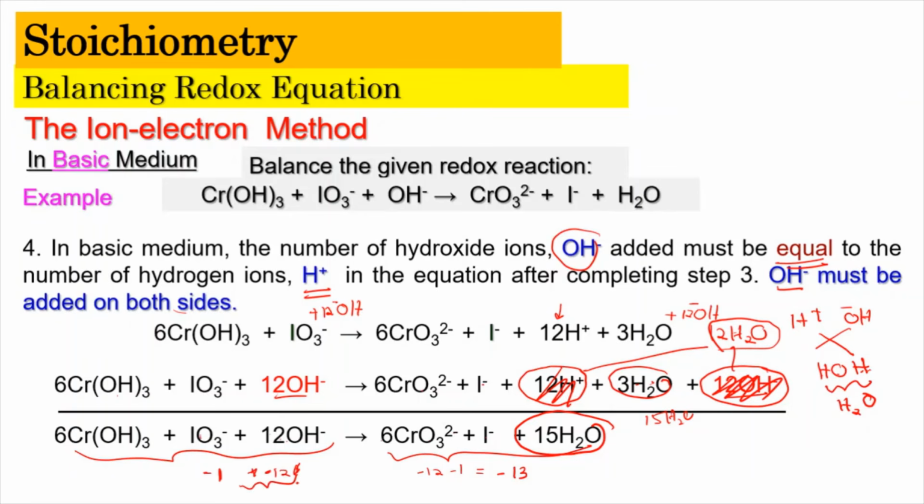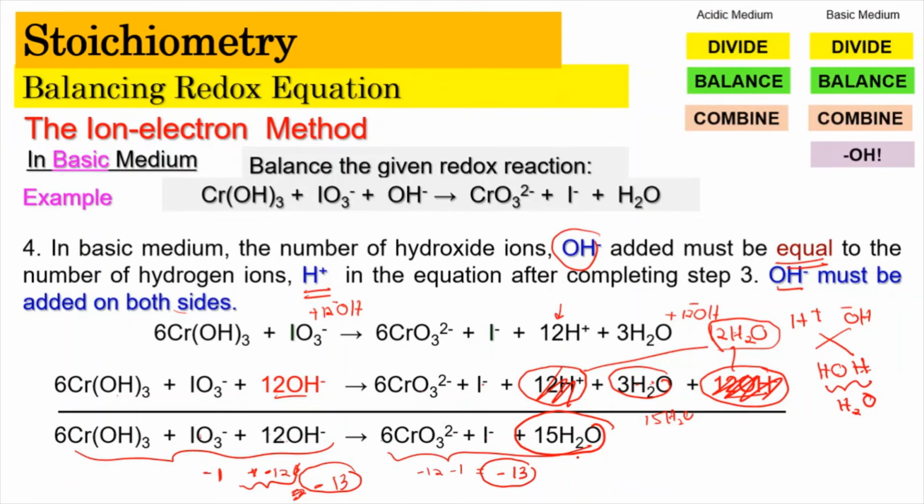So overall, we're going to get negative 13. So the charge of negative 13 on the left hand side is the same as the charge of negative 13 on the right hand side. So you know that the redox equation in the basic medium is balanced.